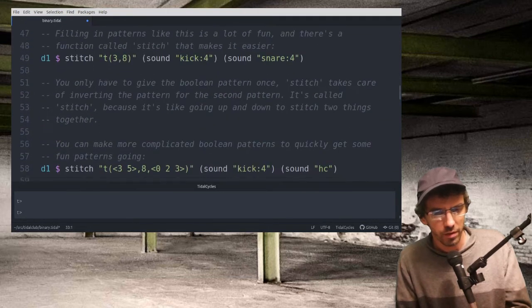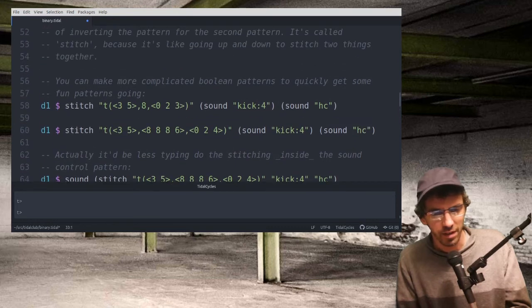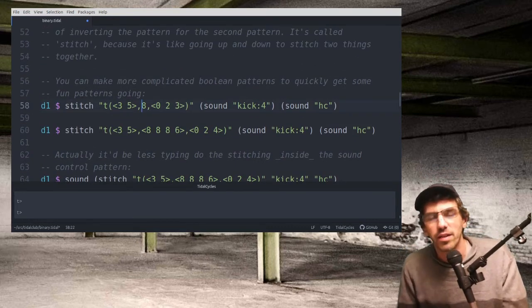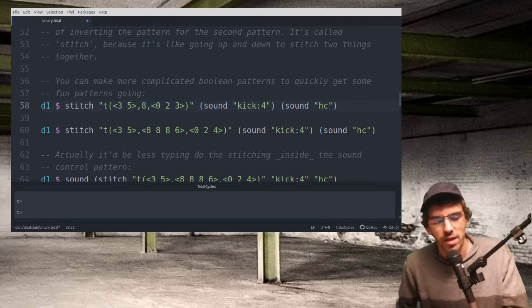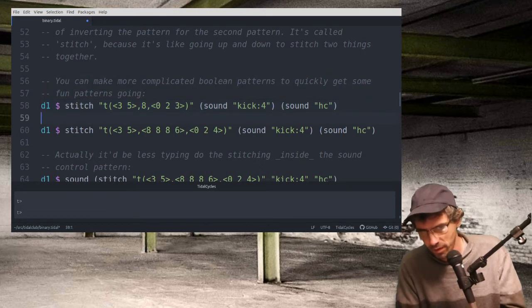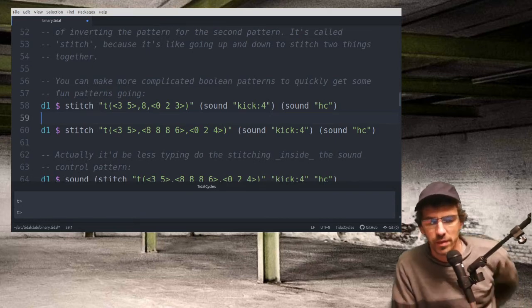So you can also pattern these Boolean patterns just the same as any other mini notation pattern. You do get the repetition after a while and sort of lock into it.